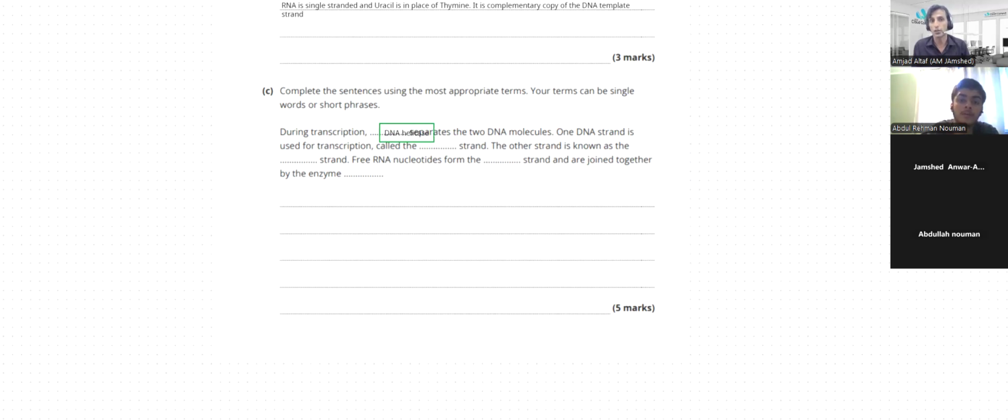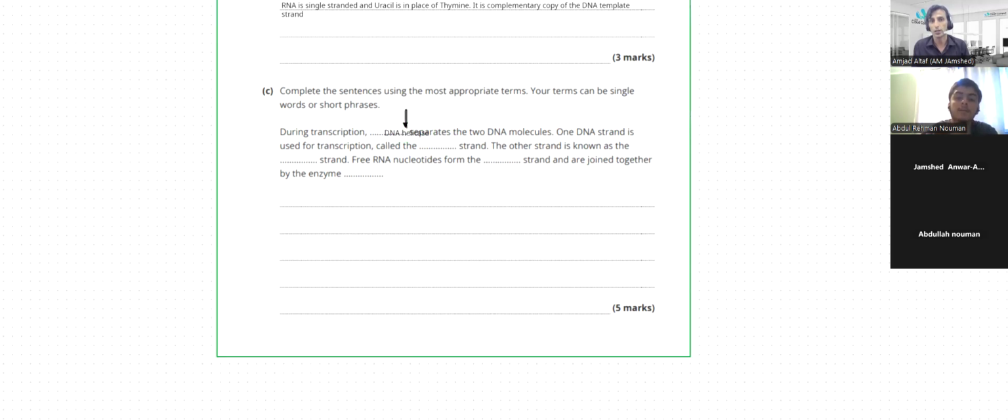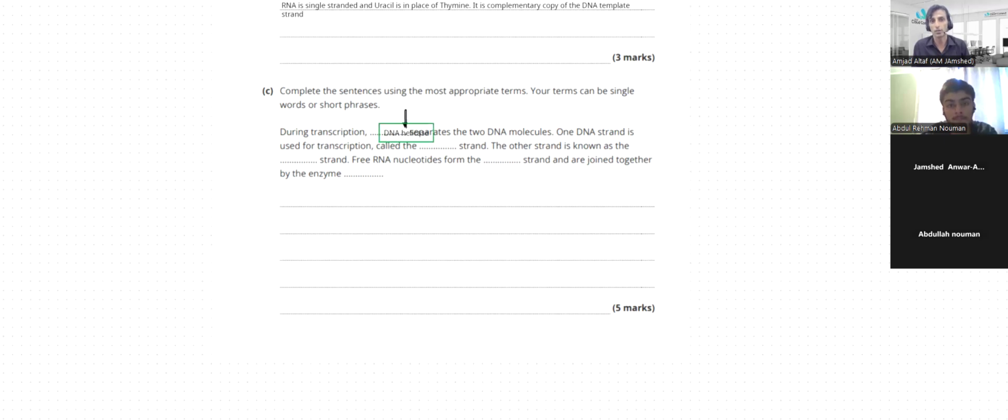No, helicase is for what? That's for the replication process. There is no helicase here in this case.